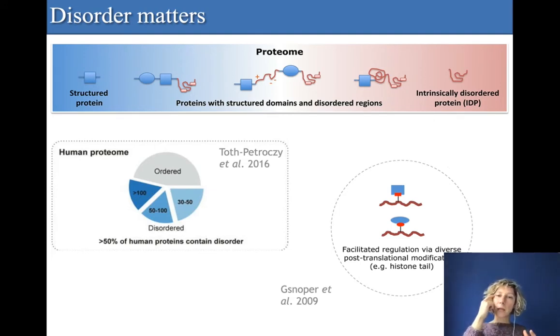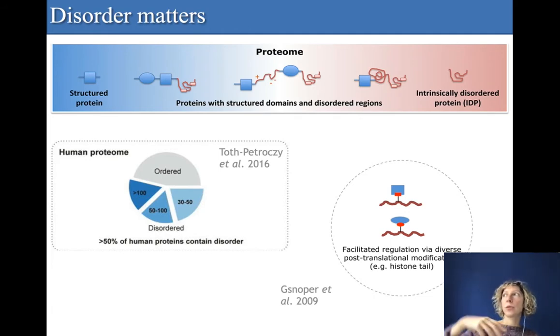It can, for example, facilitate the regulation of proteins via diverse post-translational modification. These disordered regions are typically prone to contain post-translational modification sites, and these sites are implicated in the regulation of the protein.